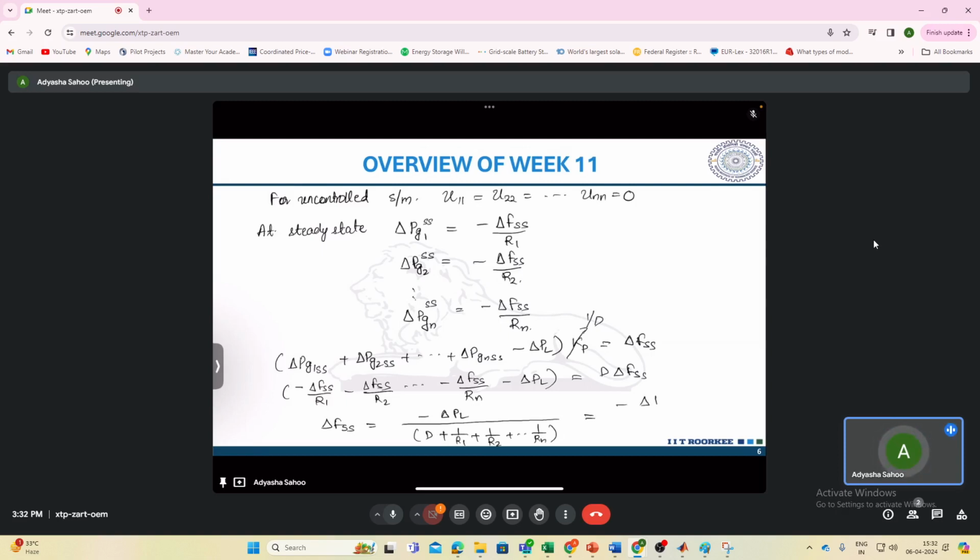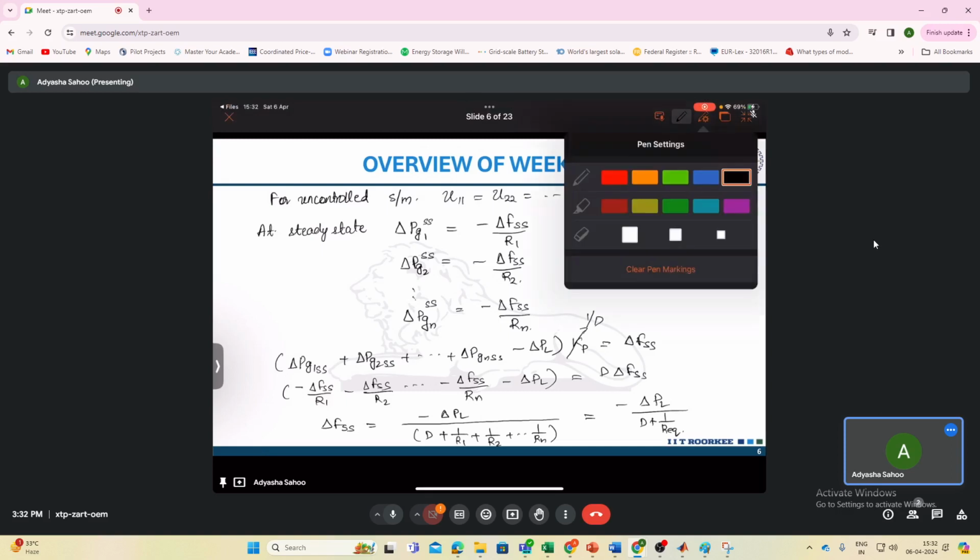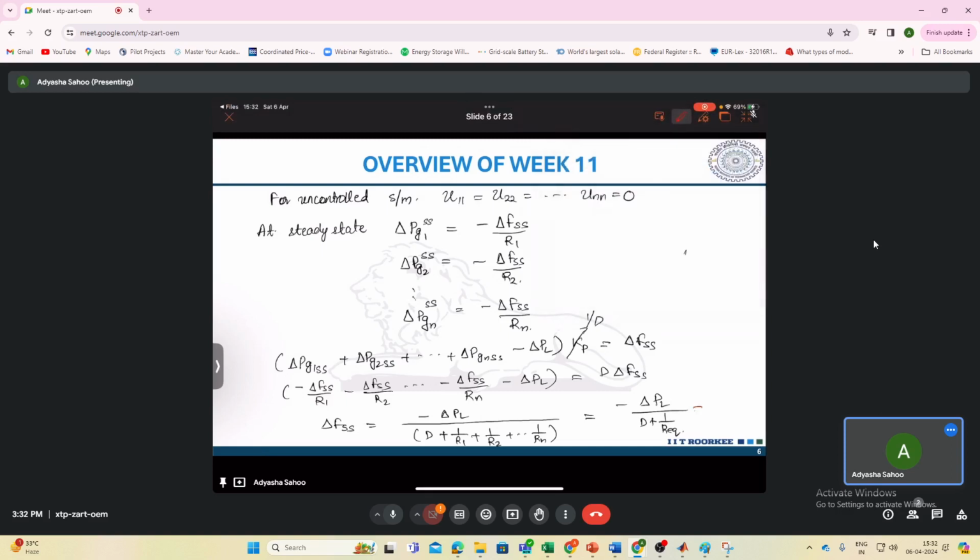So that we write in compact form as D plus 1 by R equivalent, where this R equivalent is nothing but 1 by 1 by R1 plus 1 by R2 to 1 by Rn. So this was for your uncontrolled system.